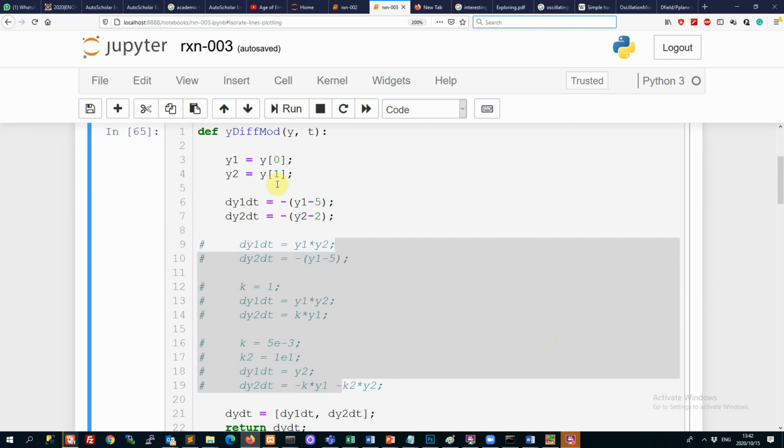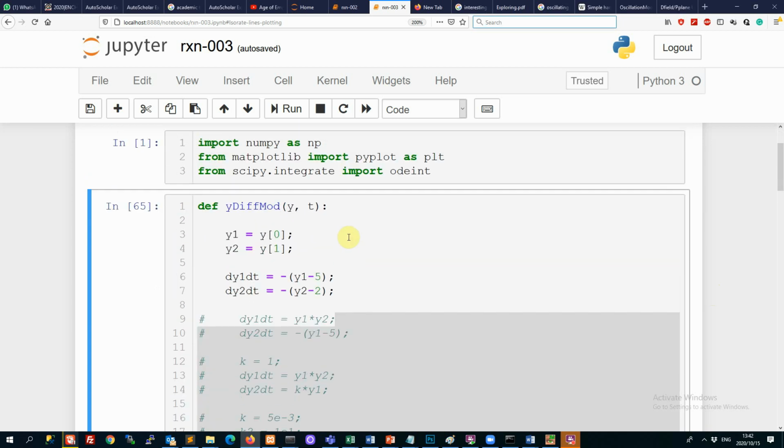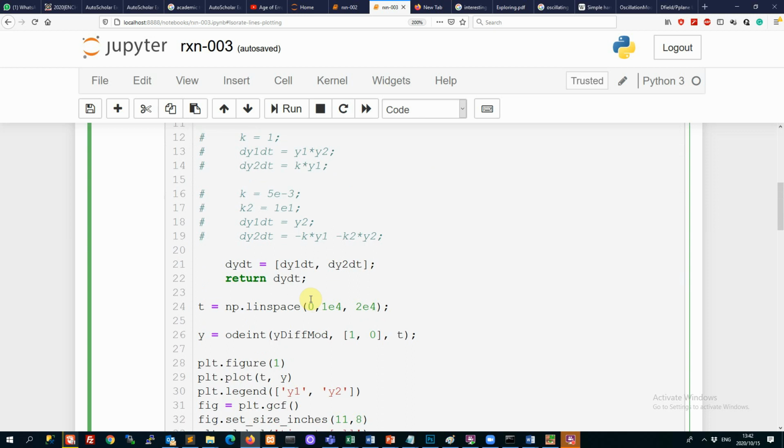So the idea is we have two variables, and it just so happens I'm calling them y1 and y2 in this case. So we'll put in the oscillating spring just now. Let's just consider this simple case to begin with. So let's say dy1/dt was minus y1 plus 5, and dy2/dt was 2 minus y2. So we can go ahead and solve this equation.